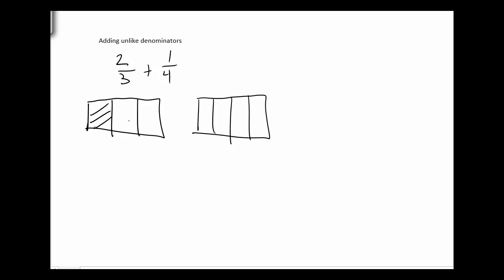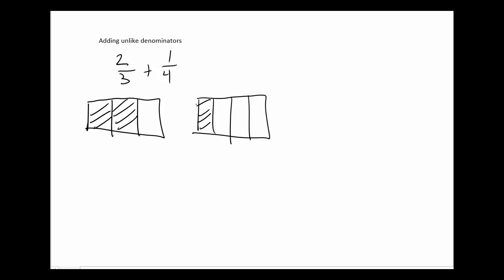So here I've got 2/3 and 1/4. Okay, and when I look at the pieces, I can't really take the fourth and chunk it in there so that I have some sort of thing in terms of thirds. So we have to think about what other similar skills we have seen.